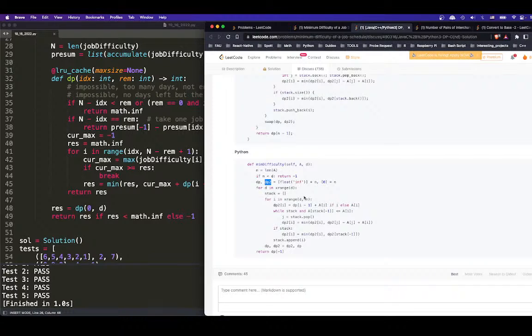So 0 day, we say we go job, first job all the way to the end.